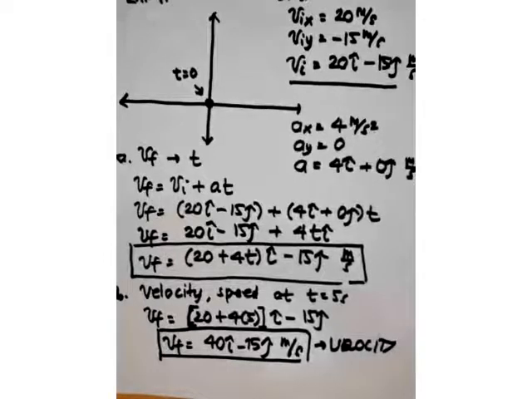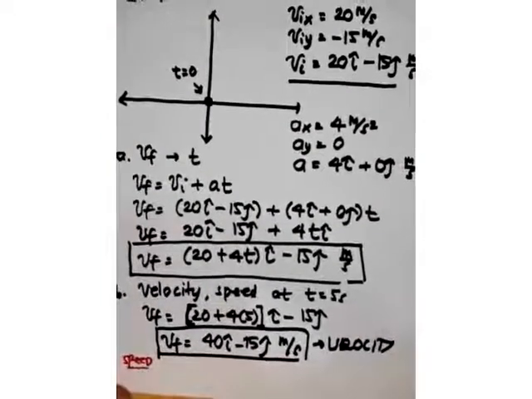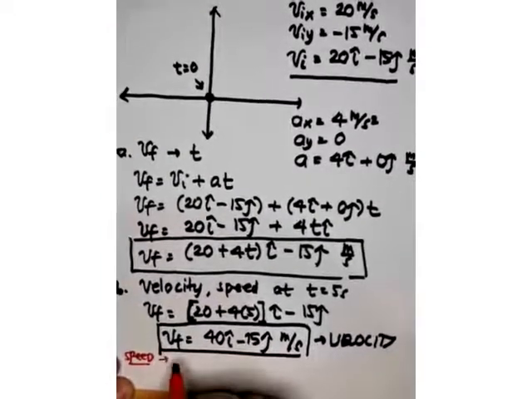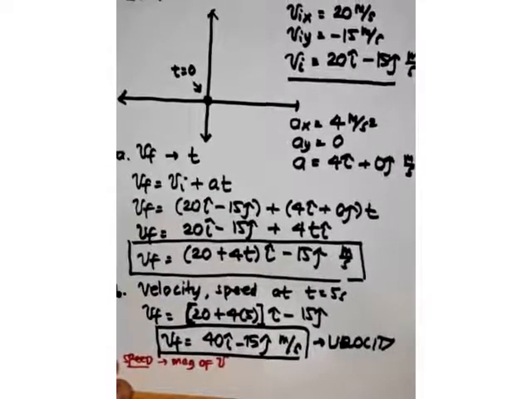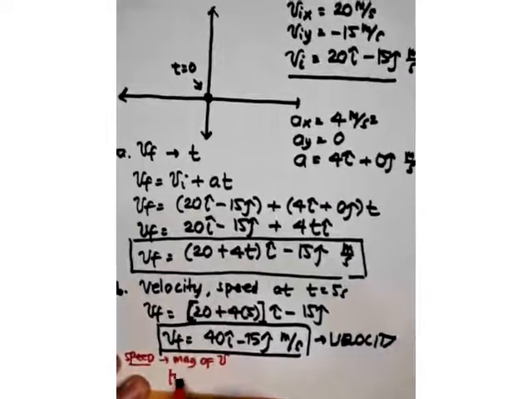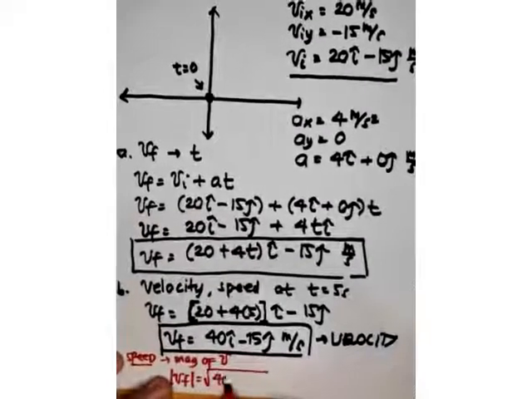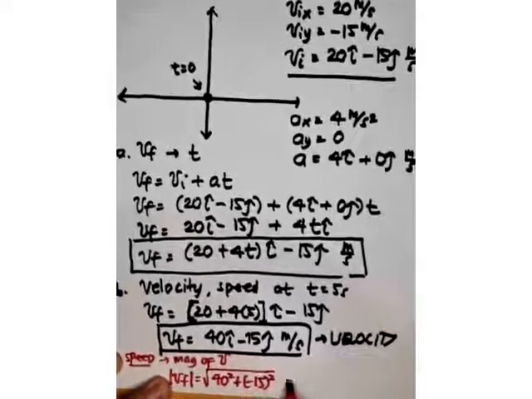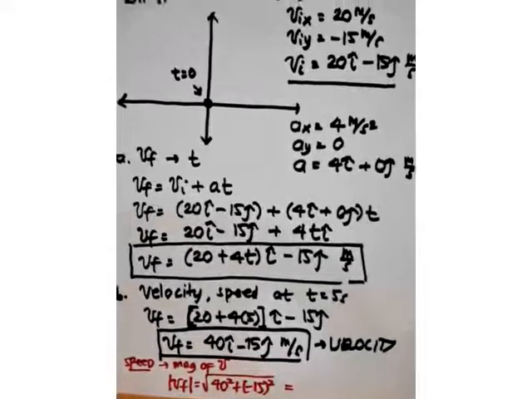Ngayon, paano naman ang speed? Okay, remember, speed is the magnitude of the velocity. So the magnitude of the velocity is equal to the square root of 40 squared plus negative 15 squared. So that's equal to, not sure.